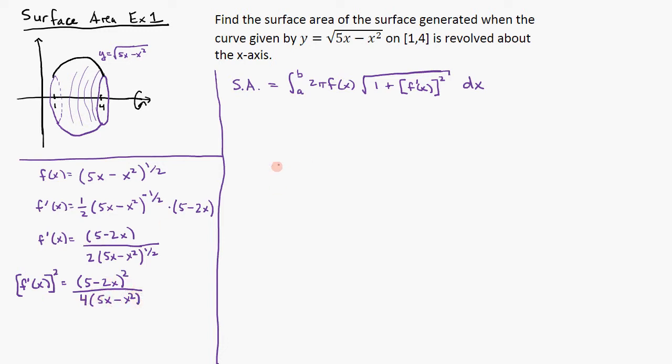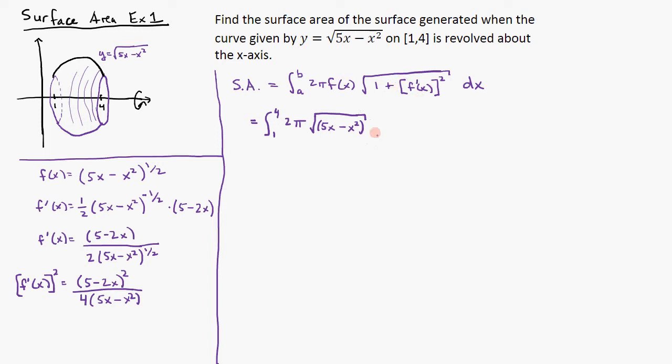Okay, so now we're ready to set up the integral. The integral is from 1 to 4 of 2 pi, f of x is the function here, square root of 5x minus x squared.